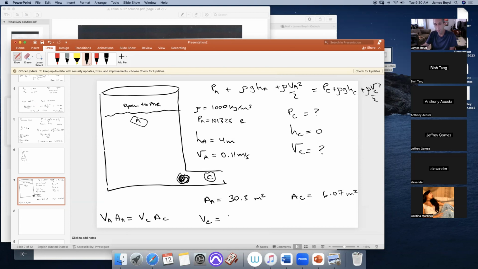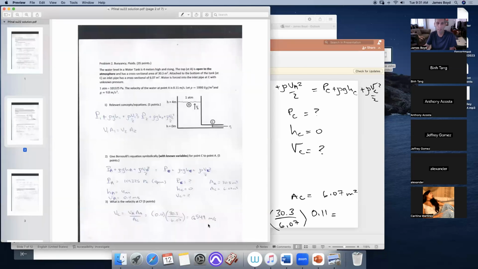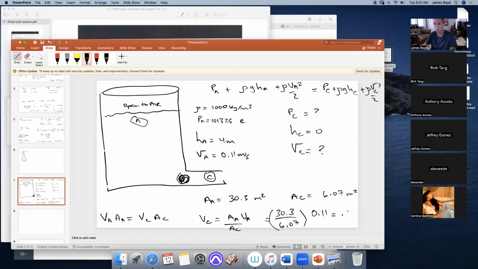So VC is AA times VA over AC, or 30.3 over 6.07 times 0.11. And that, if you look at it, is 0.549 meters per second.